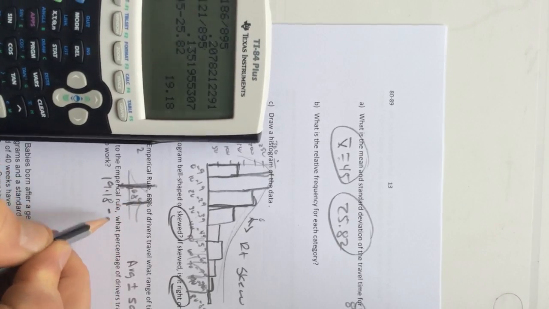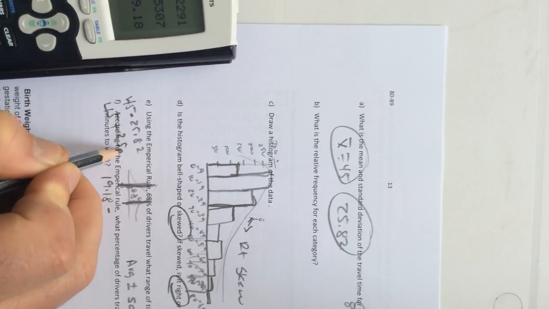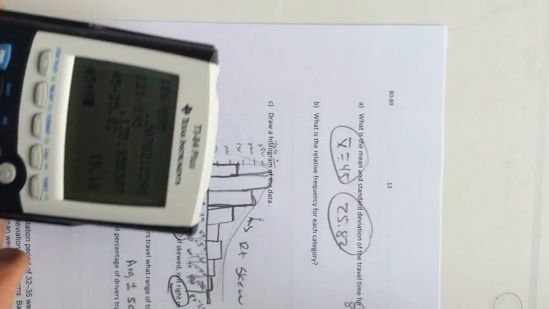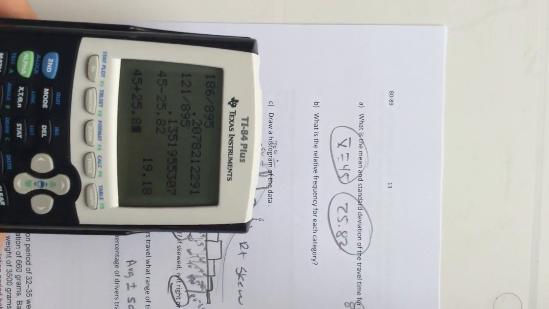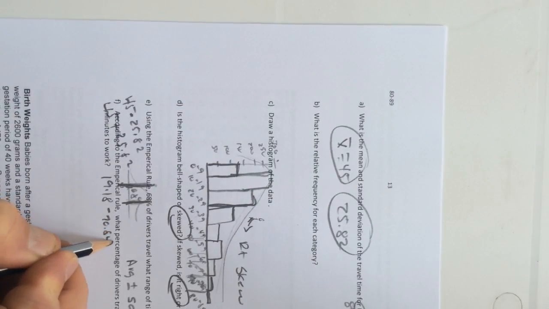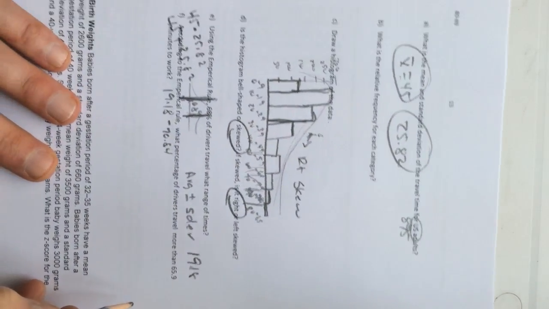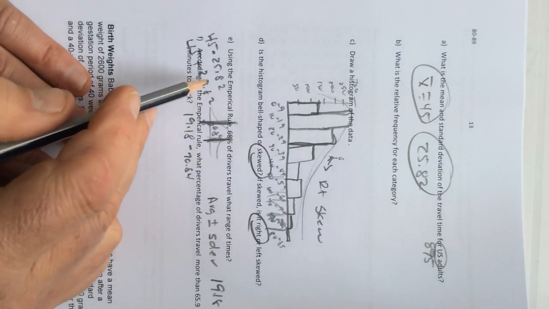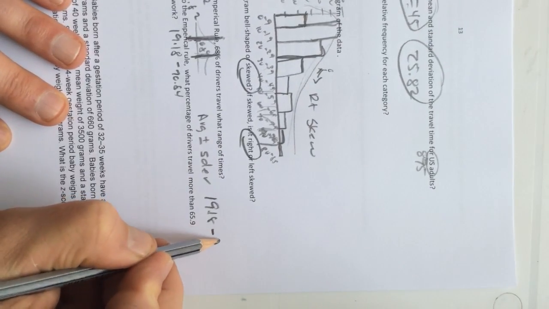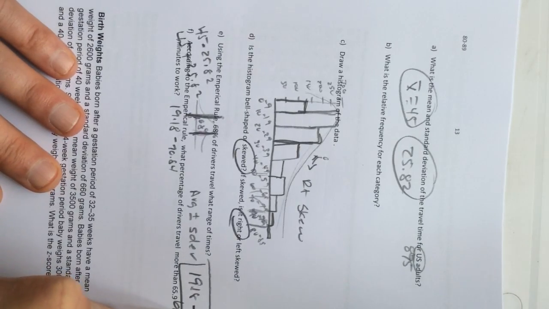The high edge is plus that, 45 plus 25.82, 70.84. So we write that using the empirical rule: 19.18 through 70.84. That will hold the middle 68% of drivers.